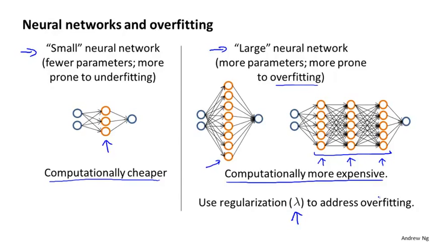But if you want to choose the number of hidden layers, one other thing you can try is to find yourself a training, cross-validation, and test set split, and try training neural networks with 1, 2, and 3 hidden layers, and see which of those performs best on the cross-validation set. So you compute the cross-validation error J_CV on all of them, and use that to select which is the best neural network.